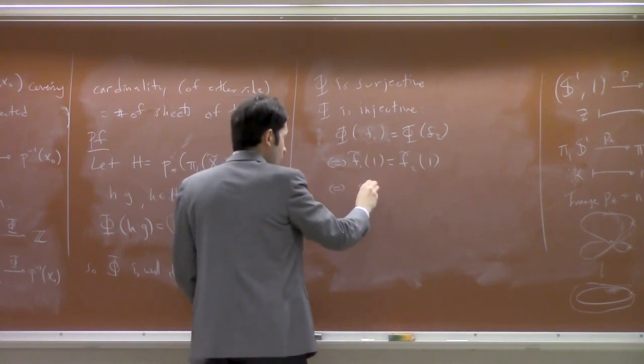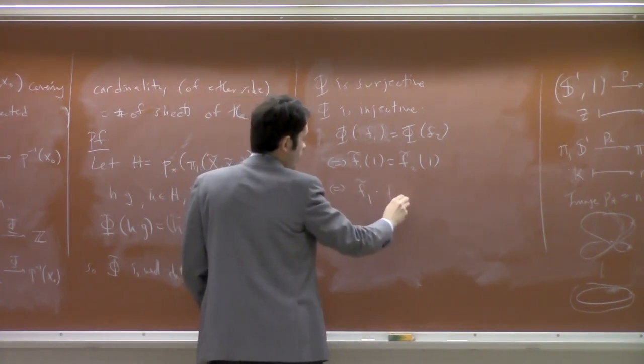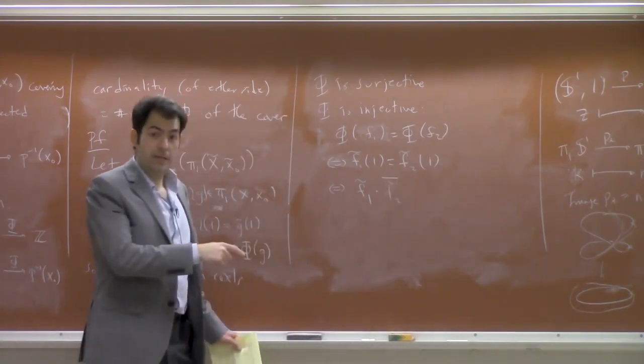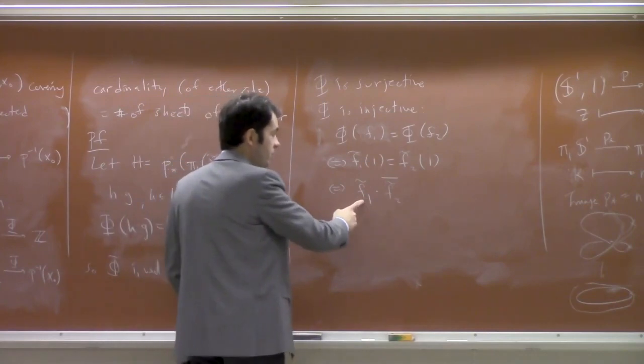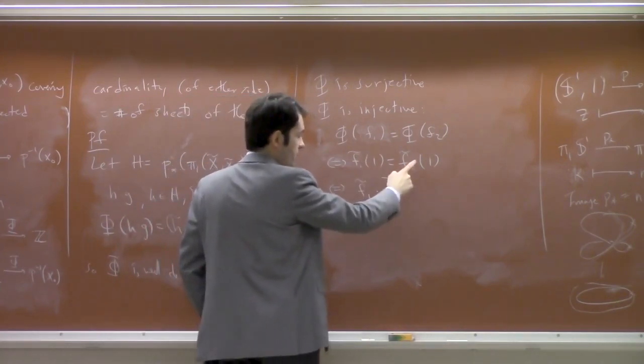Then you can do phi1 tilde and then do phi2 tilde in the opposite direction, and this will go from x naught tilde to this point, and this will go from this point to x naught tilde.